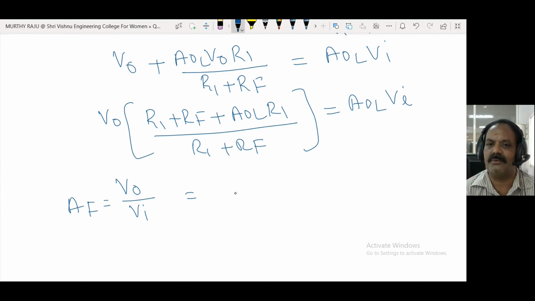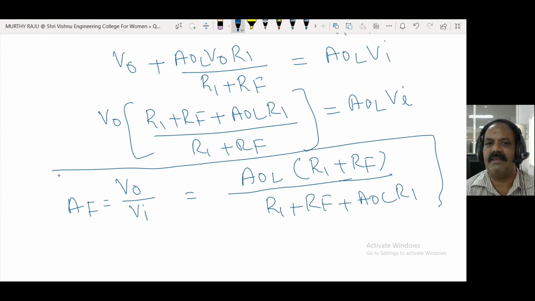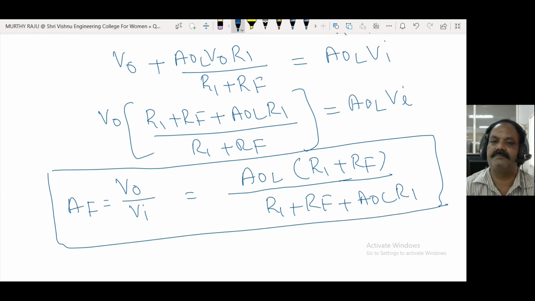AF is equal to AOL into (R1 plus RF) by (R1 plus RF plus AOL into R1). This is the exact formula. This one is exact analysis, exact formula.